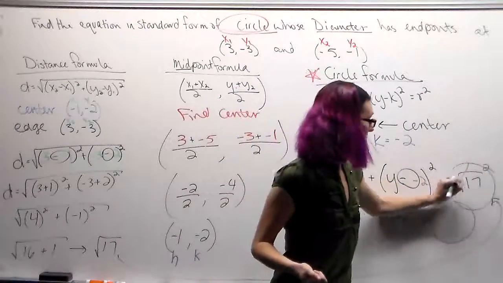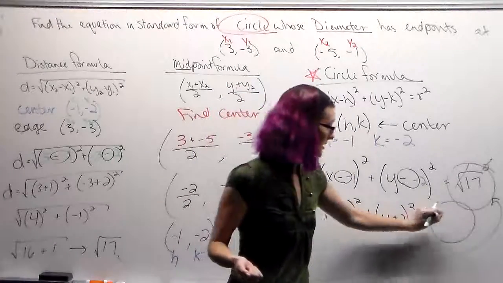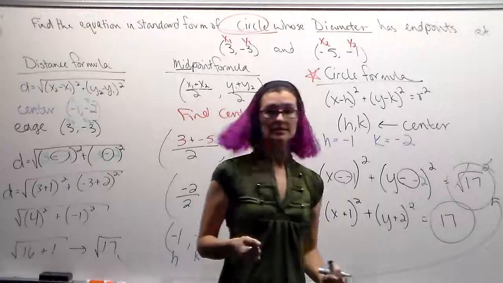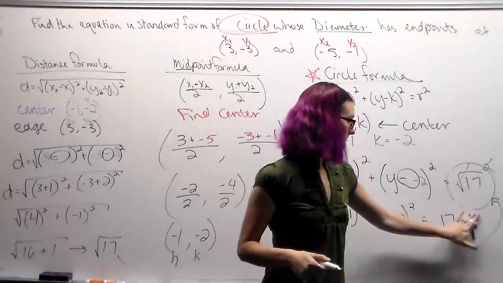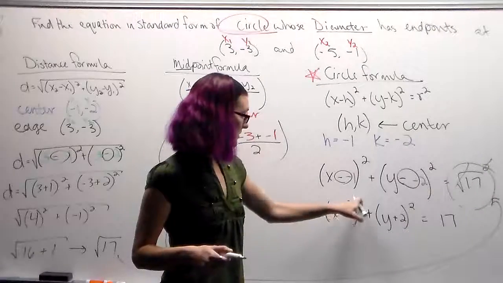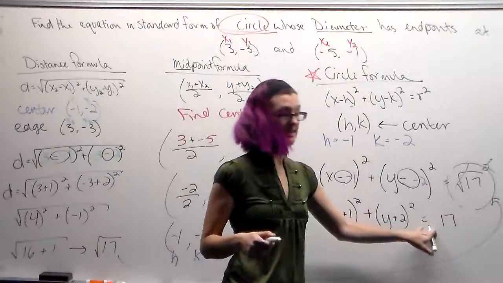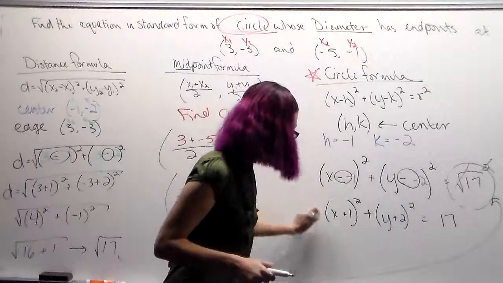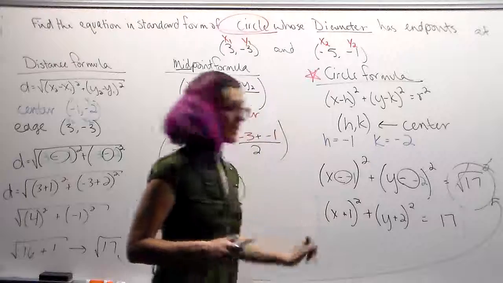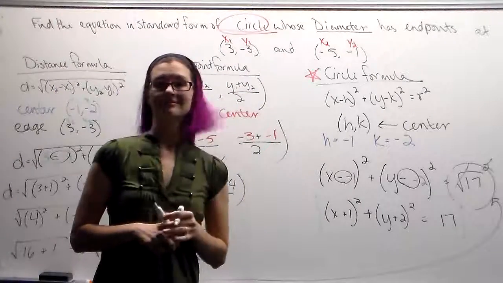The square root and the square knock each other out, and all I'm left with is 17. All right, so I have (x + 1)² + (y + 2)² = 17, because that was my radius squared. That's going to be the equation of my circle and my final answer. Thanks very much.